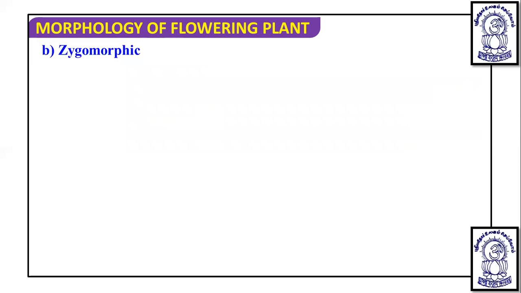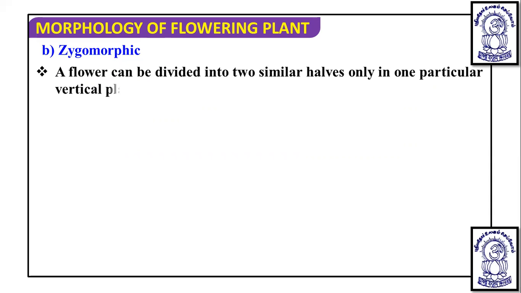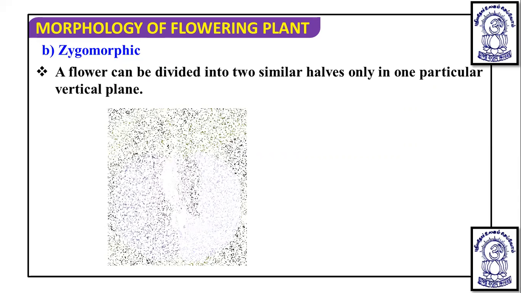Next is zygomorphic. Zygomorphic is a bilateral symmetry. Here a flower can be divided into two similar halves only in one particular vertical plane. It means if we divide a flower and the division plane is passing through the center, but only from one plane can the flower be divided into two equal halves, then it is known as zygomorphic or bilateral symmetry.